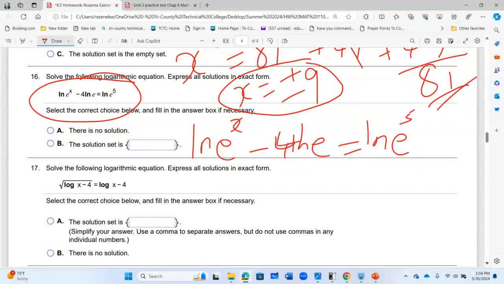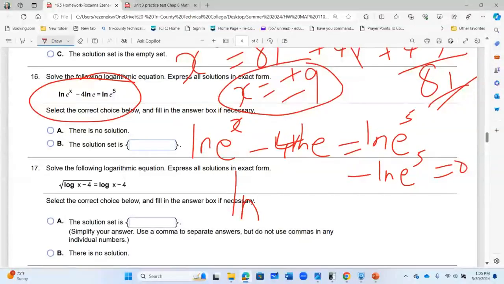All right, so we can bring them together. We just write under one big natural log of e. And then, by the way, we can collect this to the left-hand side.